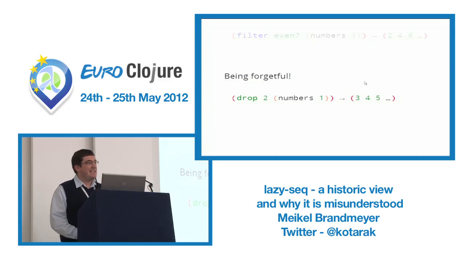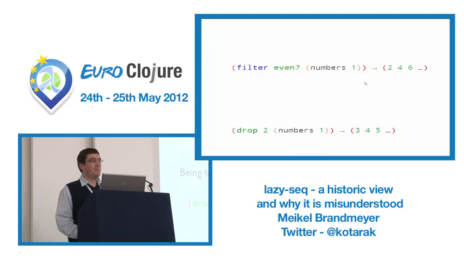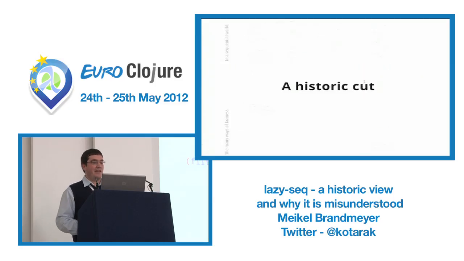So, geez. Now I travel to London, and this guy just gives me a tutorial on sequences which I can read on the net. But these examples are not as innocent as one might think, especially not the last two ones, because they exhibit a problem in this whole setup that led to a historic cut, really through how we understand sequences and how they work in the code.